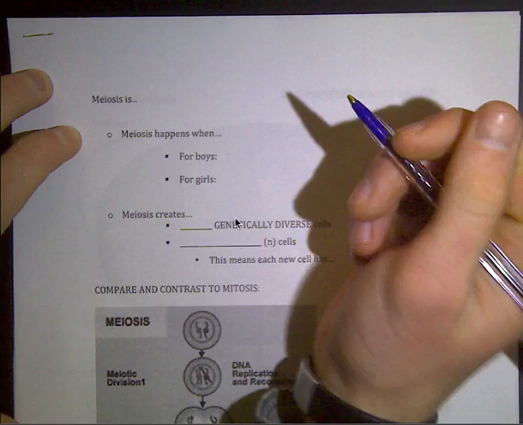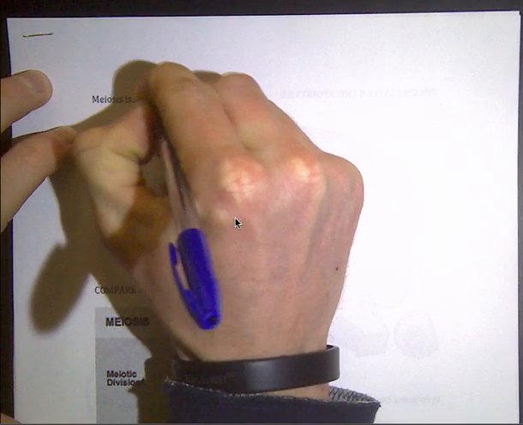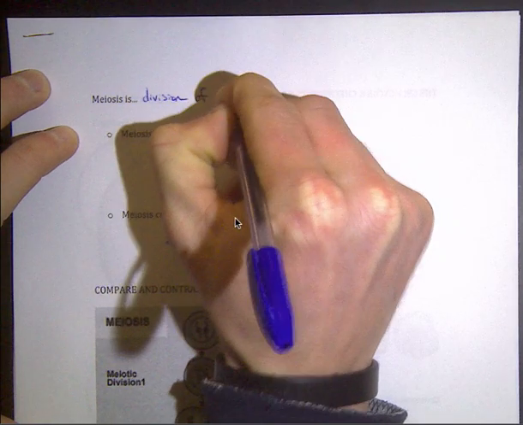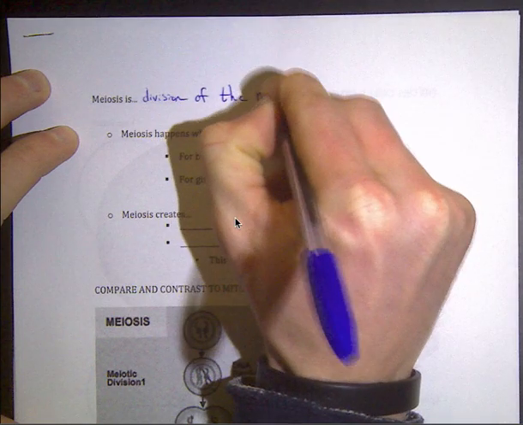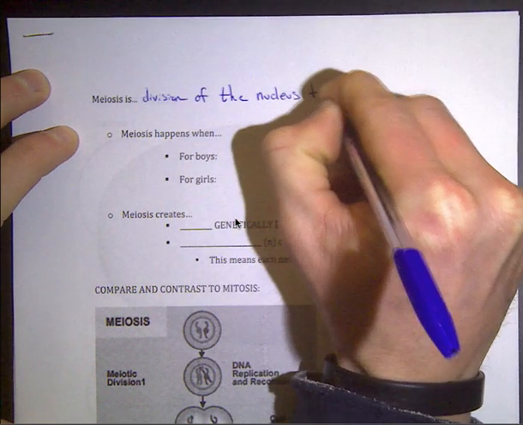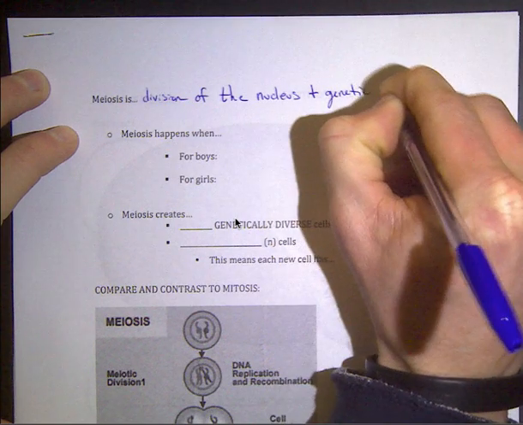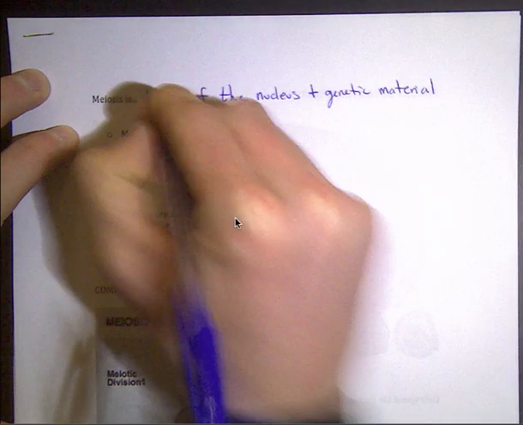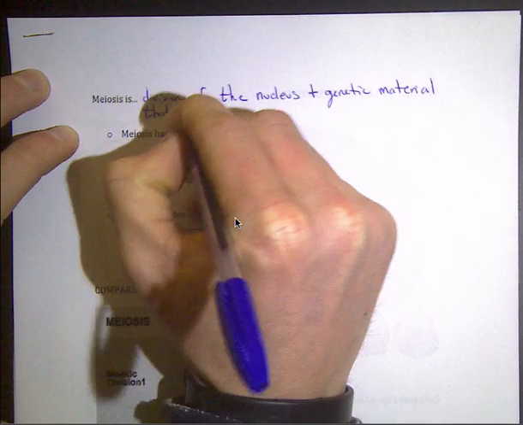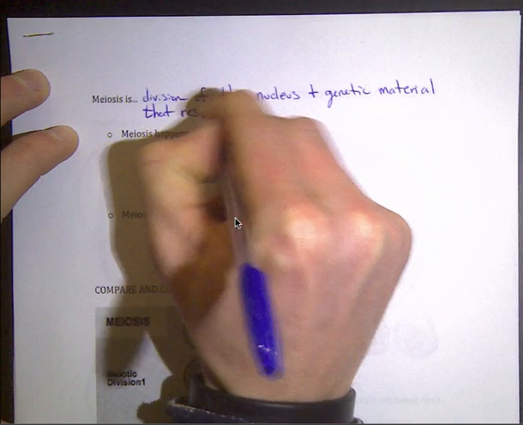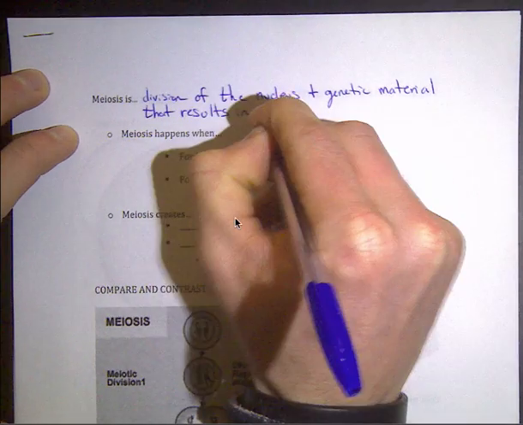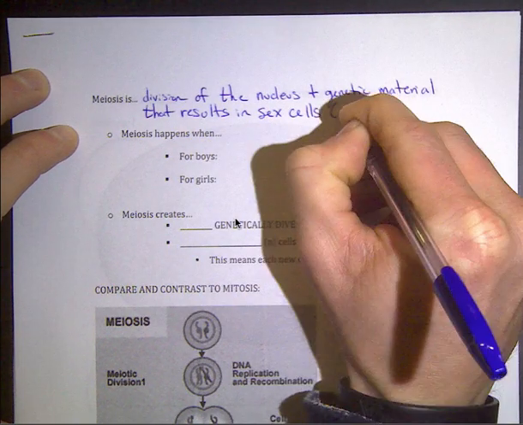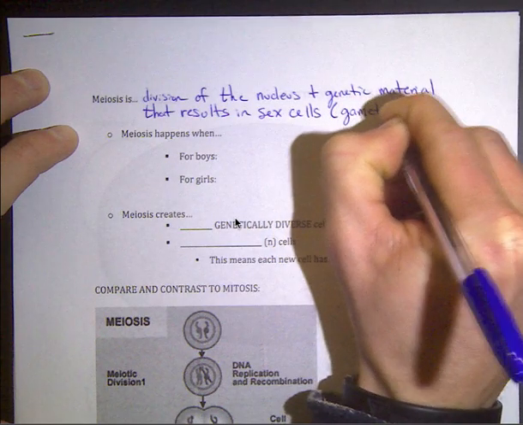And meiosis is the division of the nucleus and genetic material that results in sex cells. Gametes is what we call them.